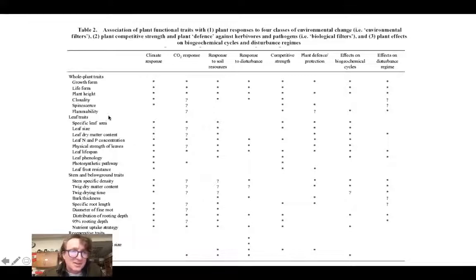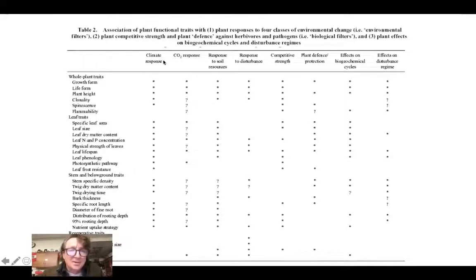If you notice here, this is a list of many different plant traits. In this table, what it says is how these different traits are linked to many other measures or questions that you may be interested in.